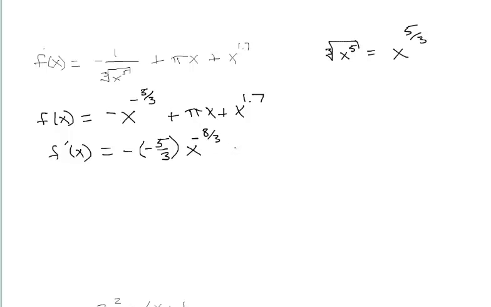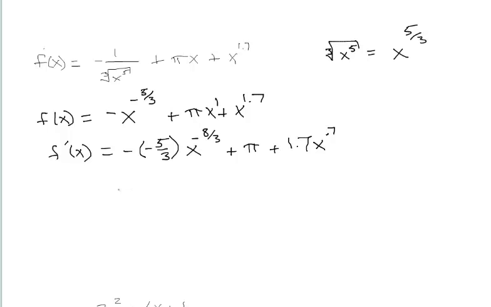It's equivalent to 3.14 and it goes on forever, and it's times a single x. So we're going to have plus, and remember x to the 1, we multiply the 1 down, so we end up with pi x to the 0, and x to the 0 is equal to 1. So we don't have to write x to the 0. And then here we have a decimal, and it works just the same way. We bring the 1.7 down, x, and then we subtract 1 from the exponent, so we end up with 0.7.